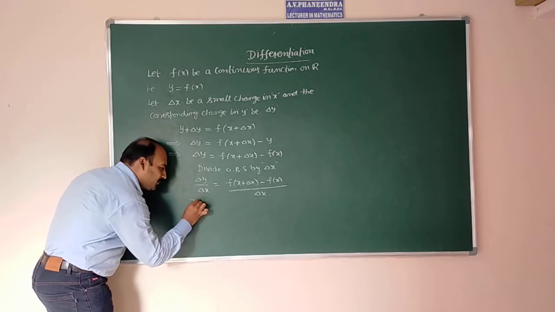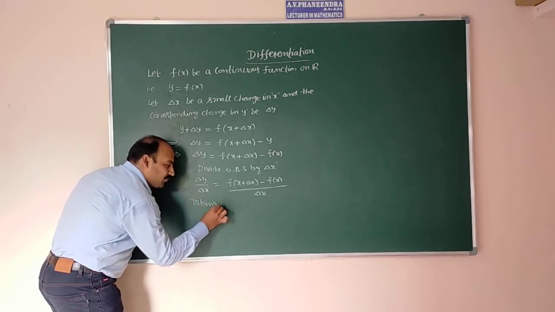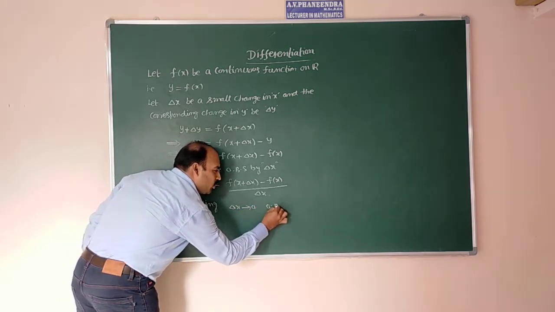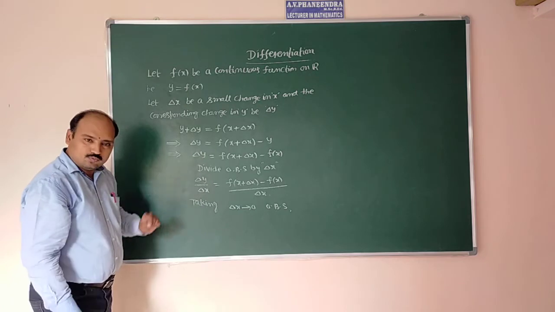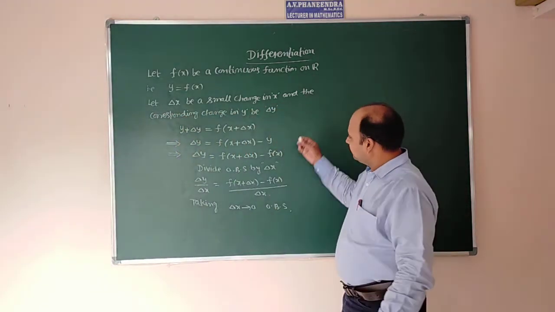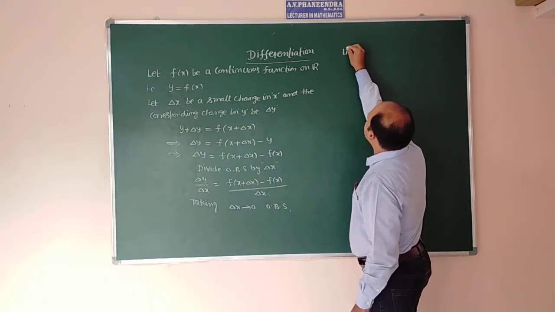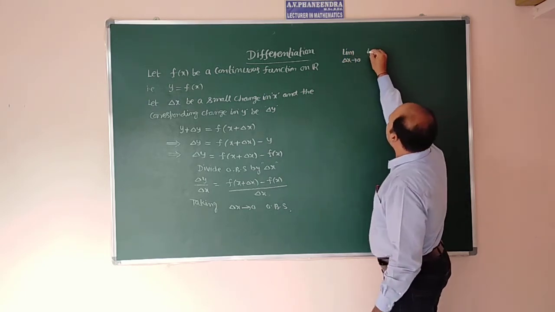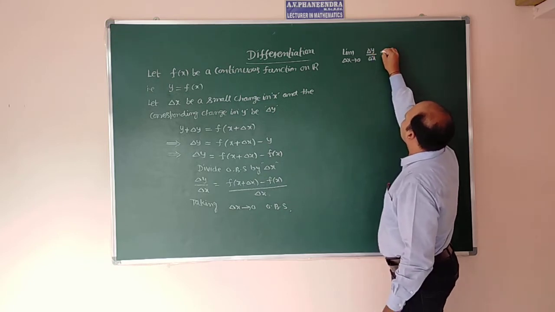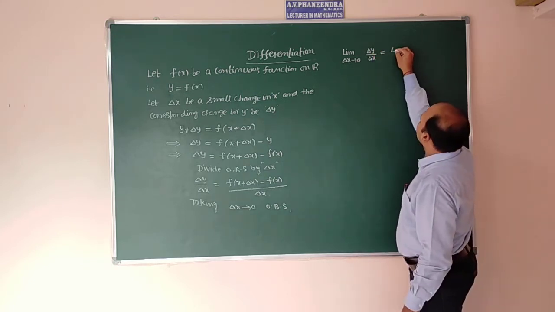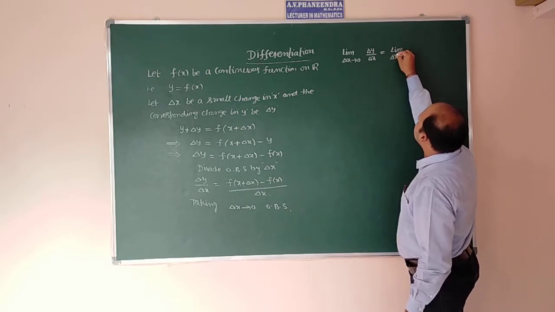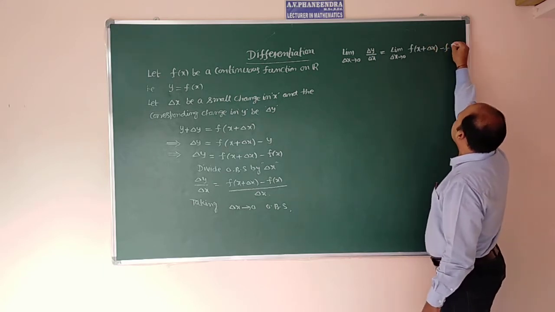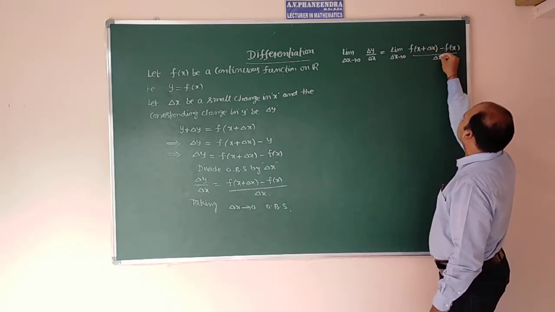Now taking delta x tends to 0 on both sides of the above, it will become limit delta x tends to 0, delta y by delta x is equal to limit delta x tends to 0, f of x plus delta x minus f of x divided by delta x.